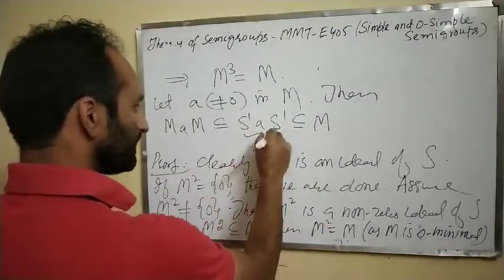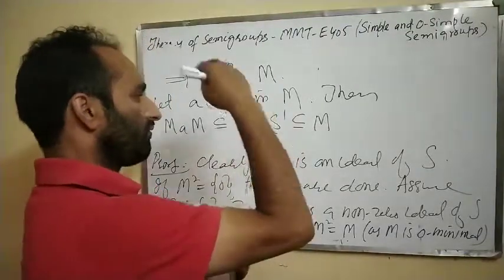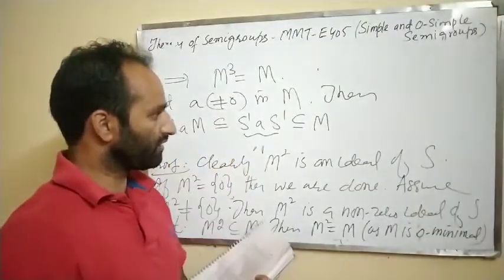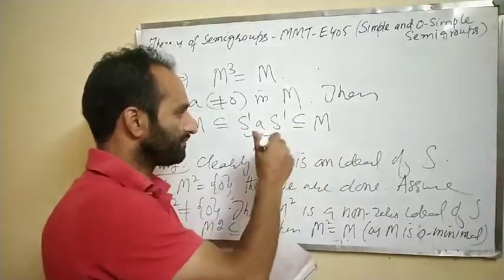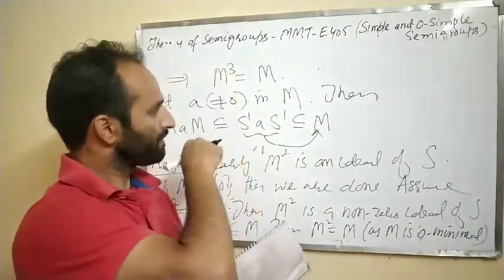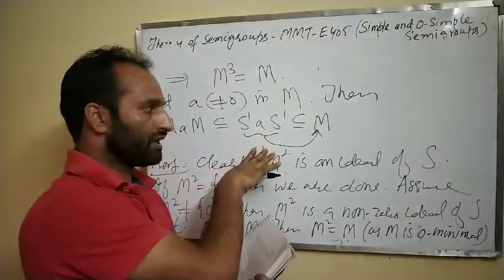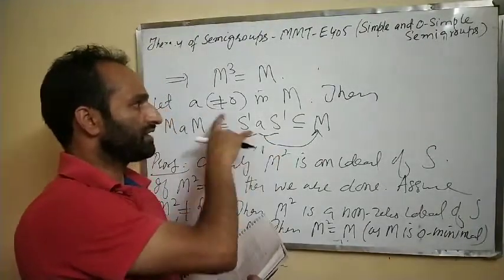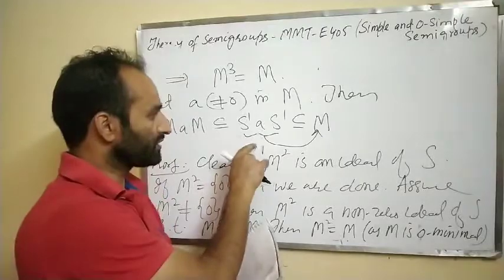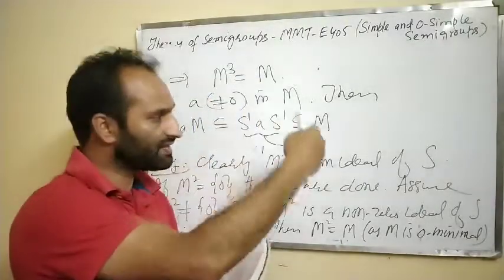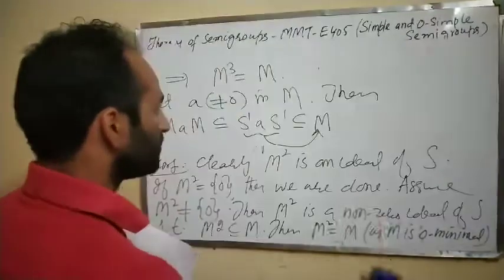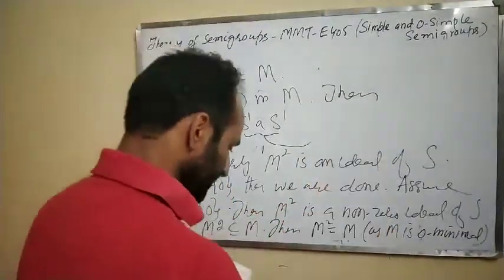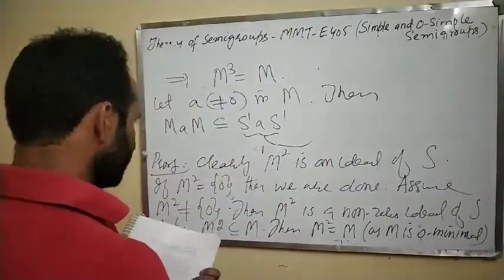This is an ideal of S and it is contained in M because M is an ideal and a is in M. And it's non-zero because it contains a, and a is not equal to 0. So it's a non-zero ideal of S contained in M. That means it should be equal to M.